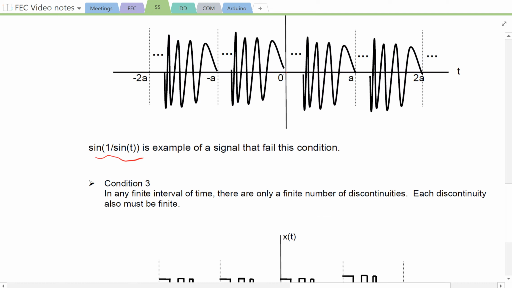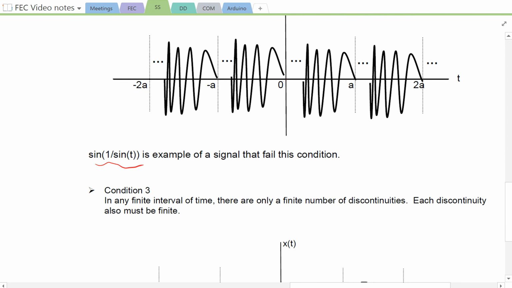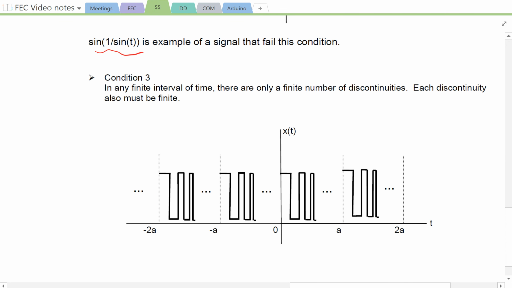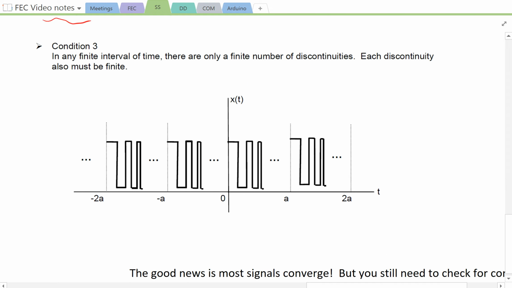It's the same thing with oscillation. You can have lots of oscillation, but as long as you can count it and come up with a number, we're good. Both of these are variations on the same theme. And if condition 3 is true, where there's a finite number of discontinuities, then we can say that this signal is good, and we can go ahead and use the Fourier series for this signal.